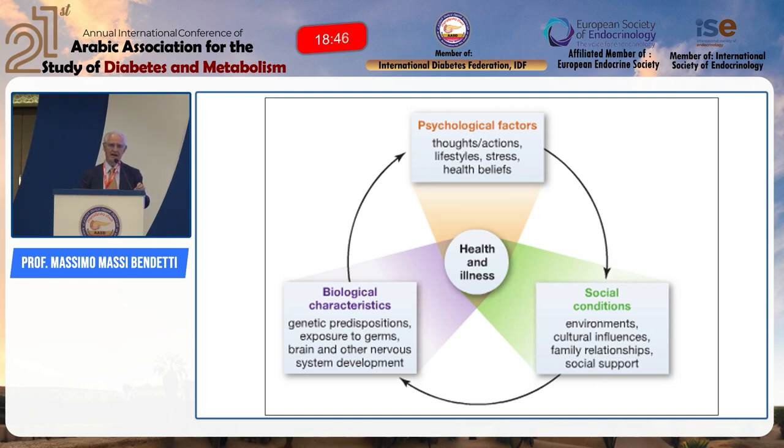But there are other factors which interfere with health and illnesses: the psychological factors and the social conditions. These areas have been very little explored, but their impact on the quality of life of people and on their health is very relevant.